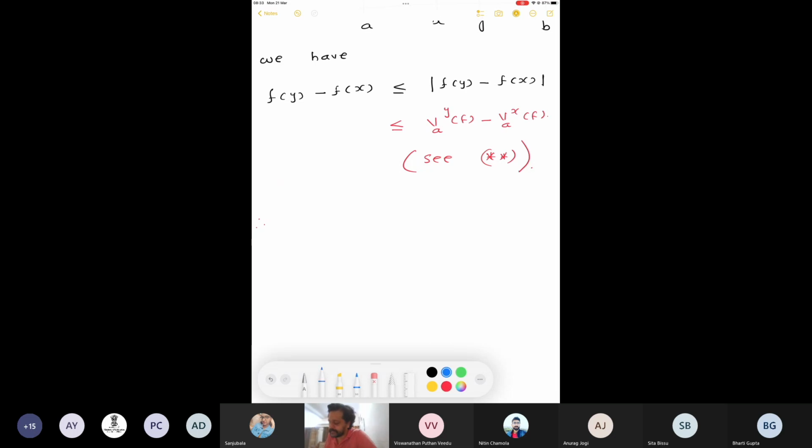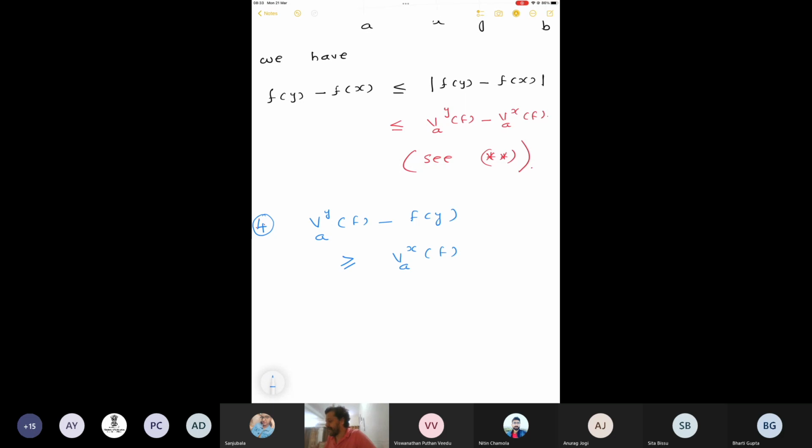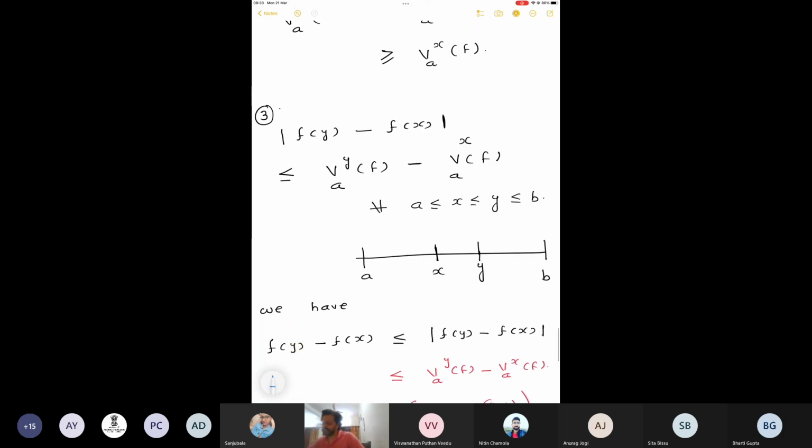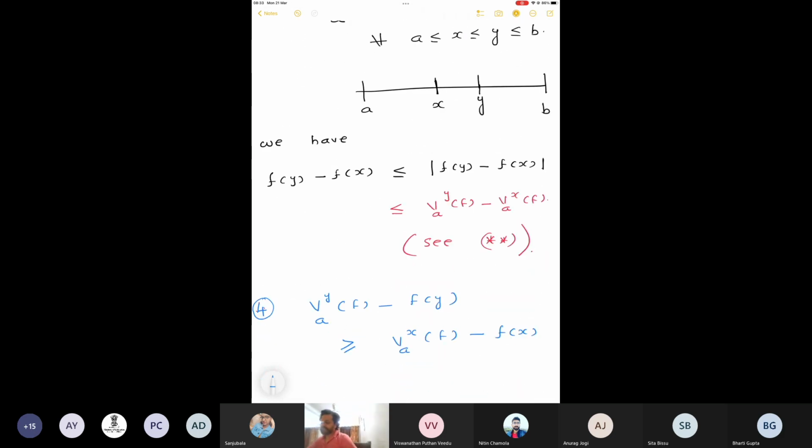Now let us proceed with the next fact. The next fact is the following. V_a^y f minus f(y) is greater than or equal to V_a^x f minus f(x). That is again a rewriting of the third one, possibly. Look at this: f(y) minus f(x) is less than or equal to V_a^y f minus V_a^x f.